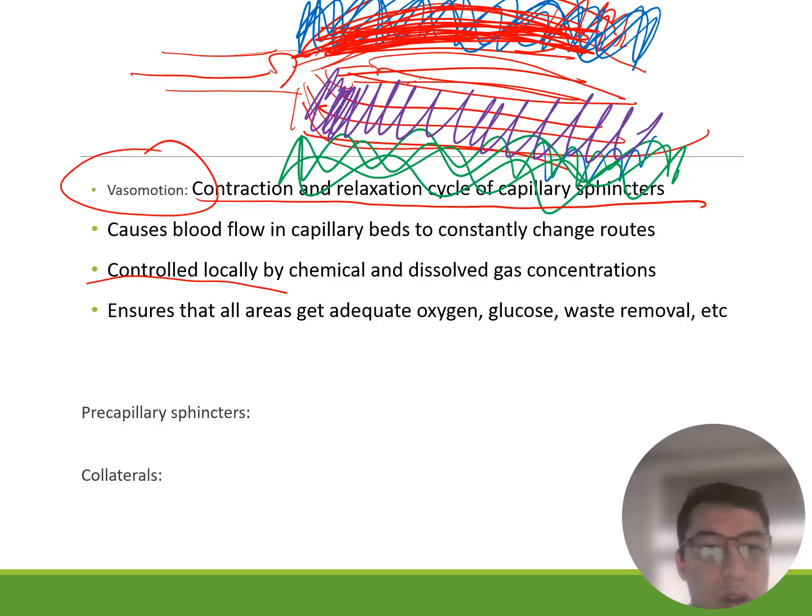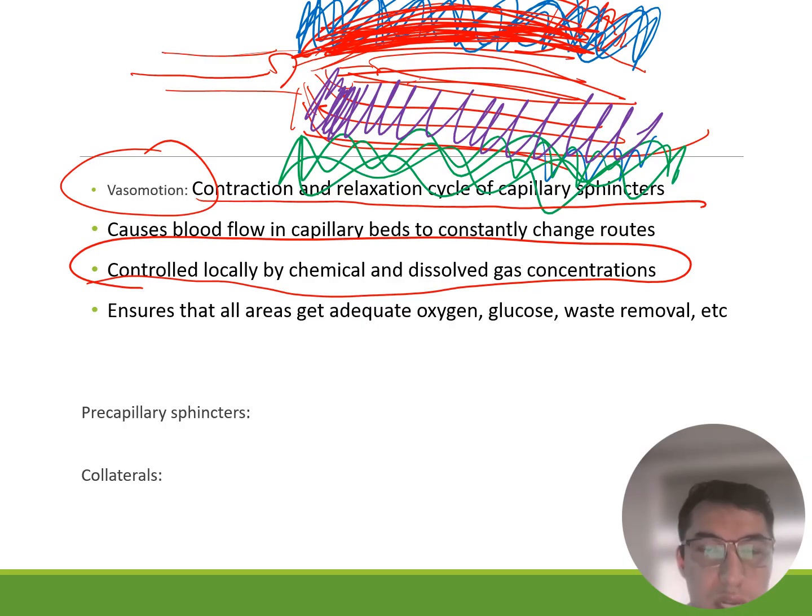This is controlled locally and chemically by these soft gas concentrations. So when we start working out, we start consuming oxygen. So the capillary bed is going to have a decrease in oxygen and an increase in CO2 because that muscle group is consuming more energy, and as we are using more energy, we're producing more CO2.